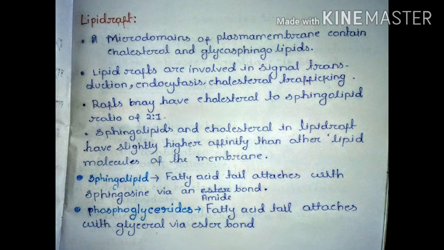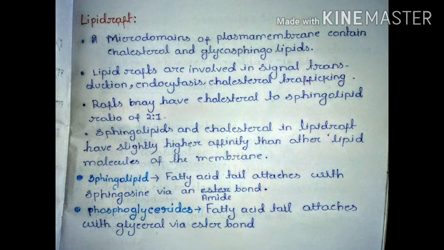We don't yet know what glycosphingolipid is; we will discuss it in a later video. If you imagine it simply, glycosphingolipid means glucose or any type of carbohydrate residue attached to the sphingolipid, that is ceramide, and we call it a glycosphingolipid.